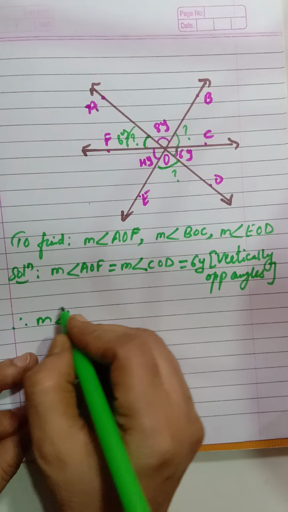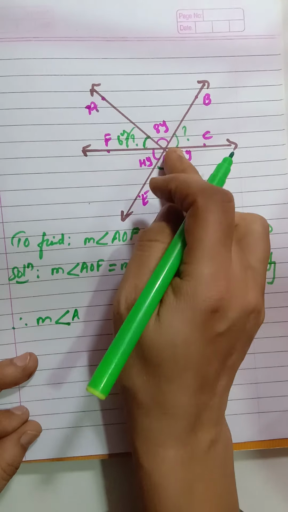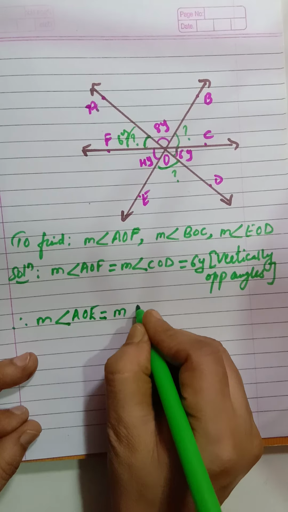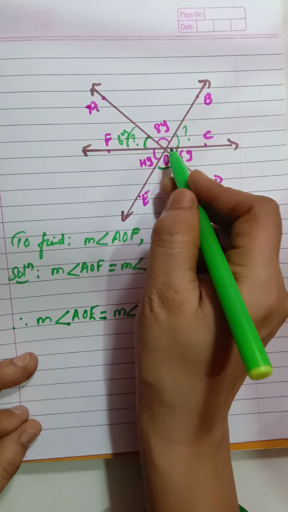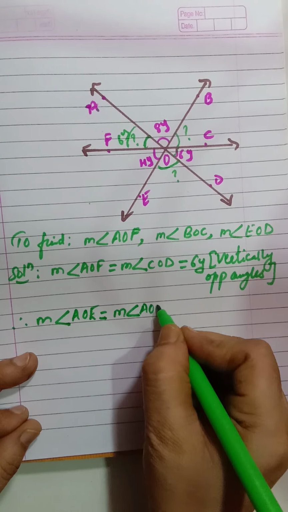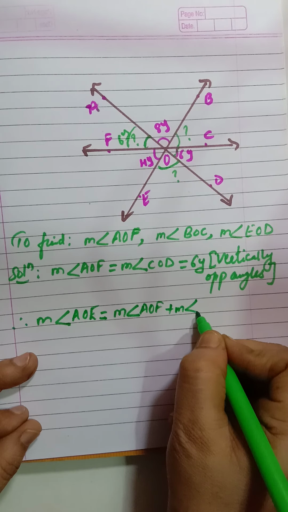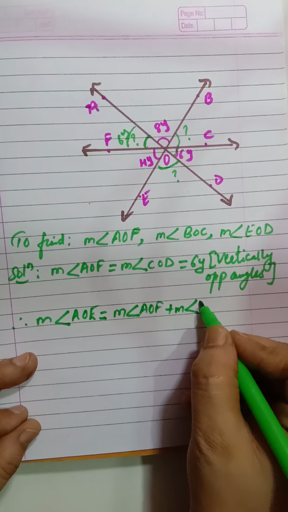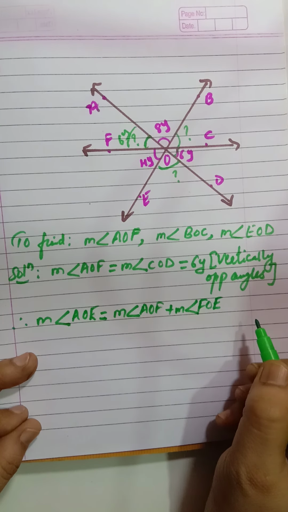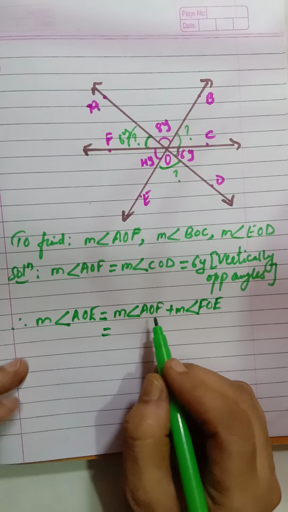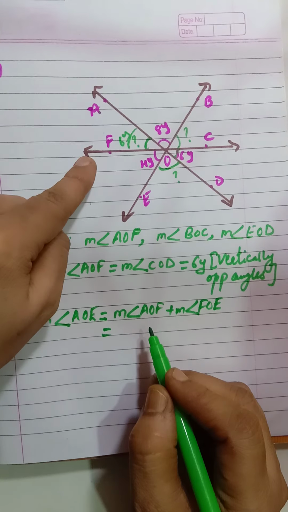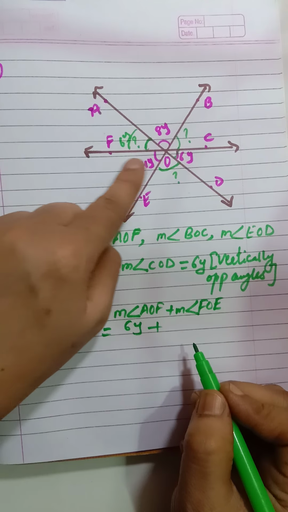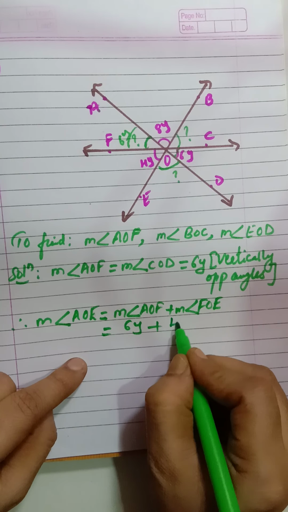So we'll write measure angle AOE is equal to measure angle AOF plus measure angle EOF or FOE. Now AOF is how much children? 6y plus FOE is 4y.